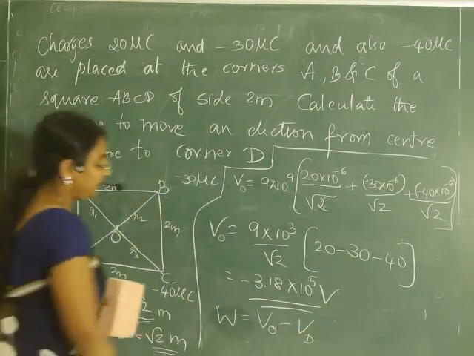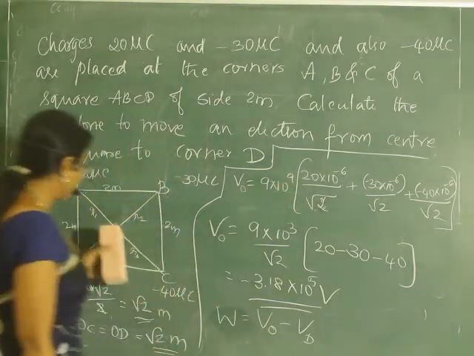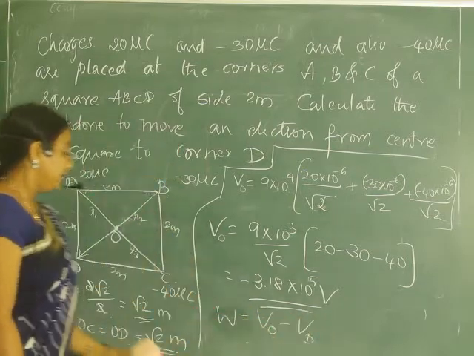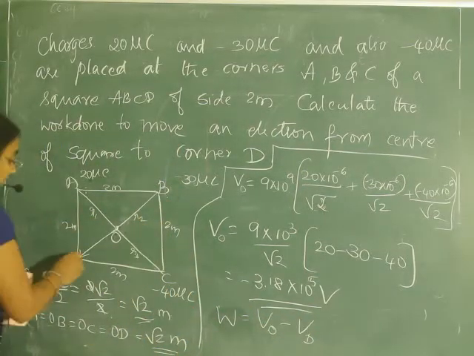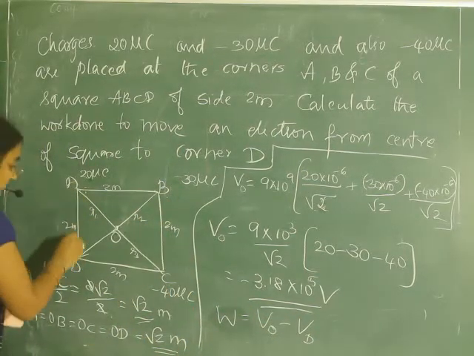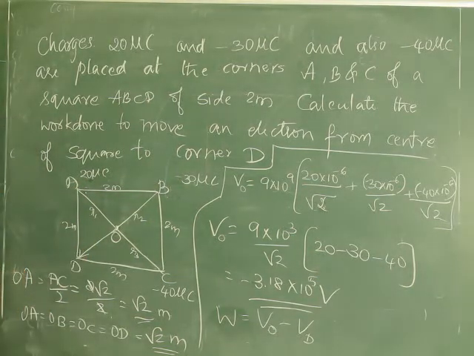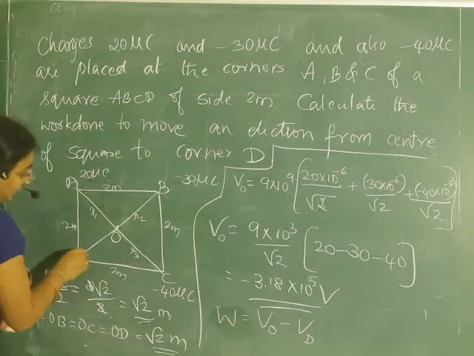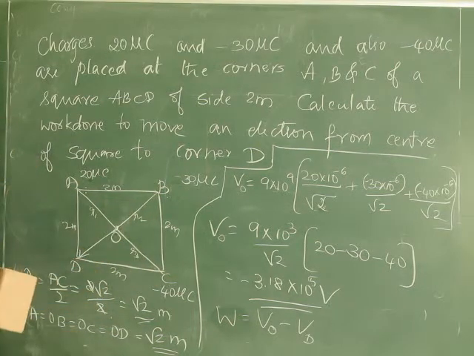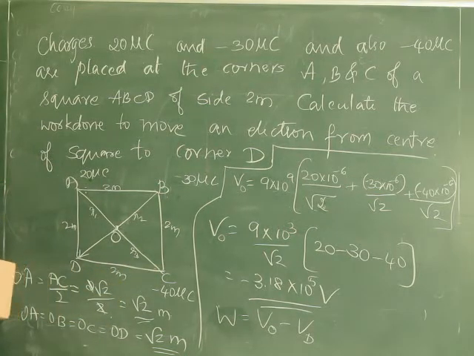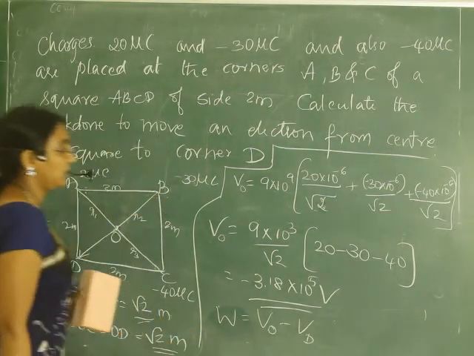So first we got VO, that is at O due to the 3. Next, find out the potential at D due to the 3 charges. On this D, distance 2 meter, this distance is how much? AC, that is 2 root 2. Then this distance is again 2. Use those 3 distances and calculate the value of potential at D. Then subtract, that is nothing but work done.